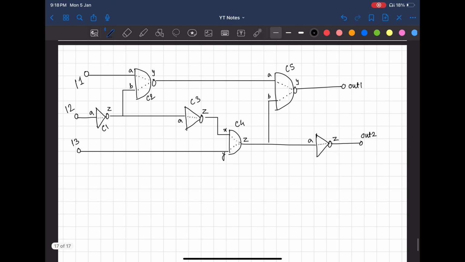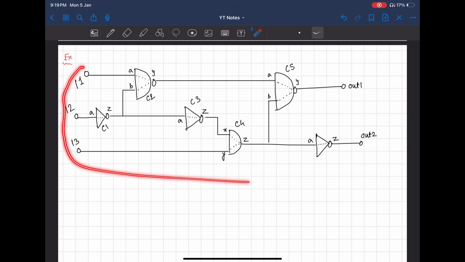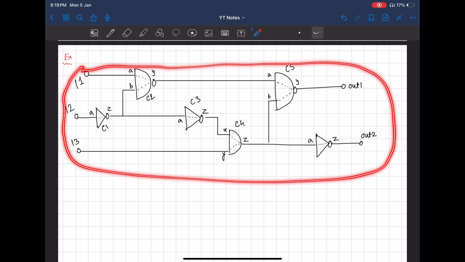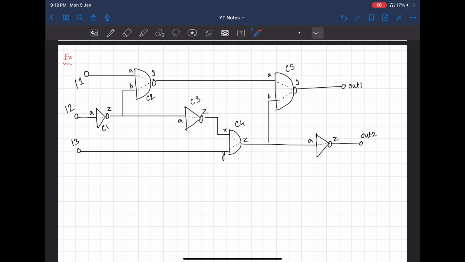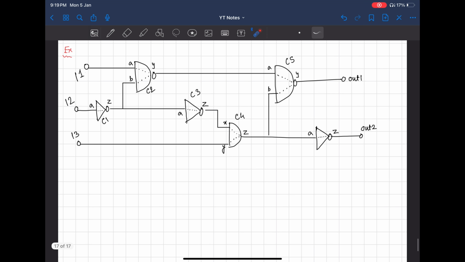This is one example I want to give so that you can understand arrival time, required time and slack very well. Suppose this is part of the combinational data path between two flops. This path also has delay.